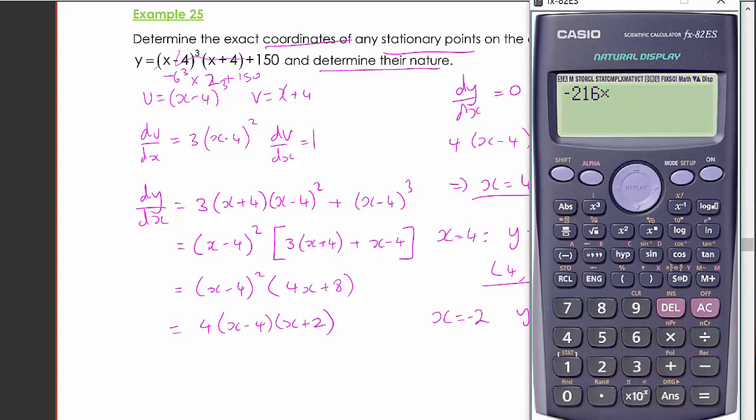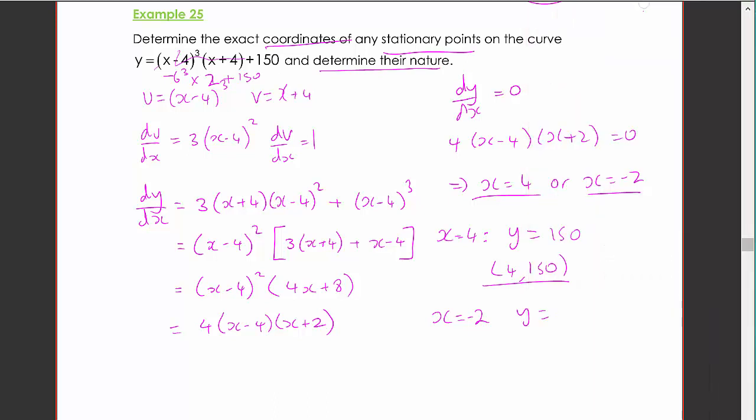So we need to multiply that by 2 and then add 150. That gives me negative 282. I'm just going to check that since I made that mistake. So we've got (negative 2, negative 282). And so let's just see if x is negative 2. Get negative 6 cubed from that first bracket, and then 2, and then add 150. Yep, that's okay.